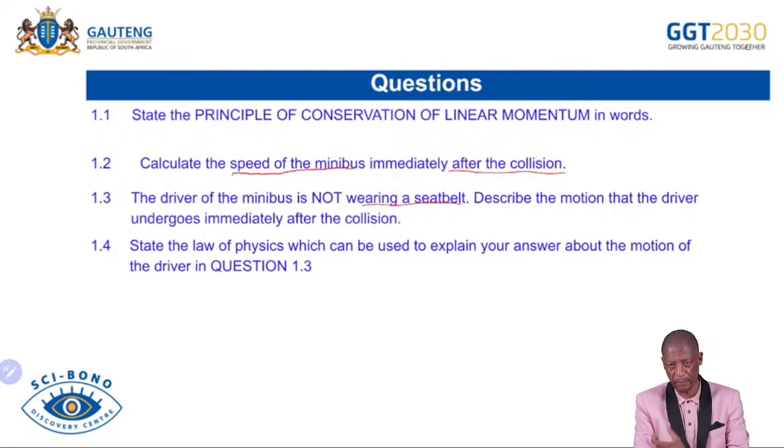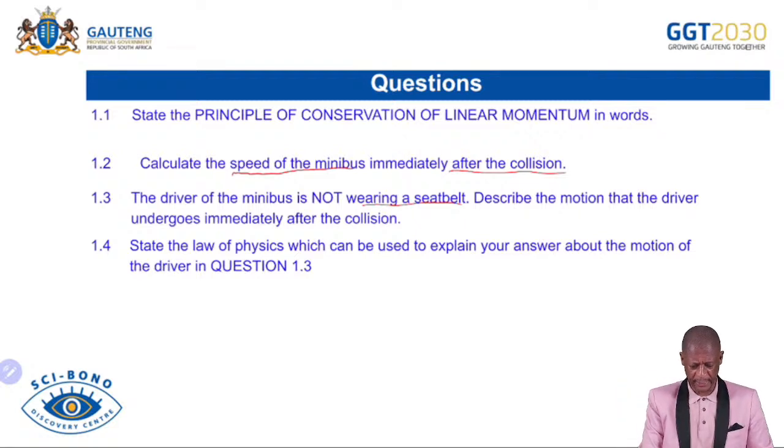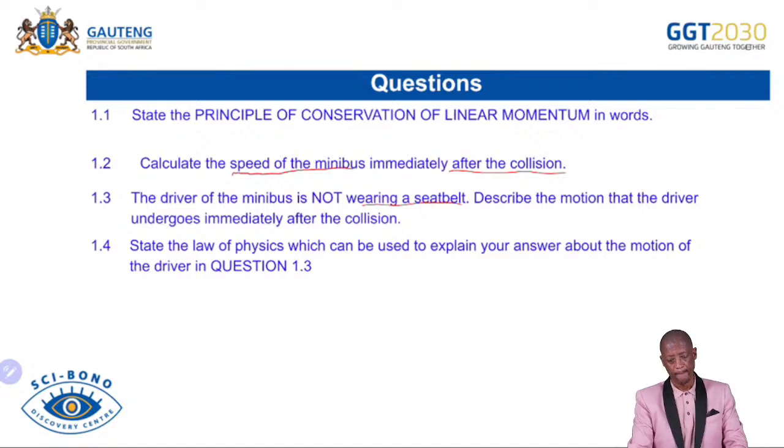Remember, what is the purpose of the seatbelt? It means we are linking what we have done last week with what we are doing today. And then state the law of physics which can be used to explain your answer about the motion of the car in 1.3.